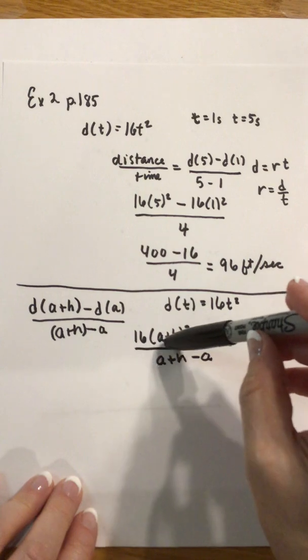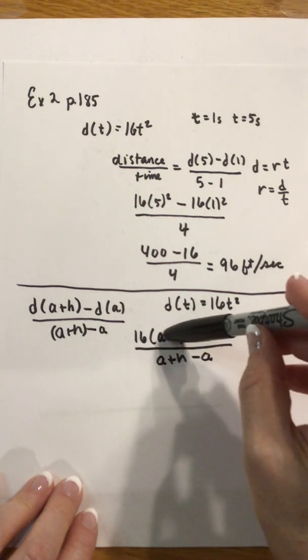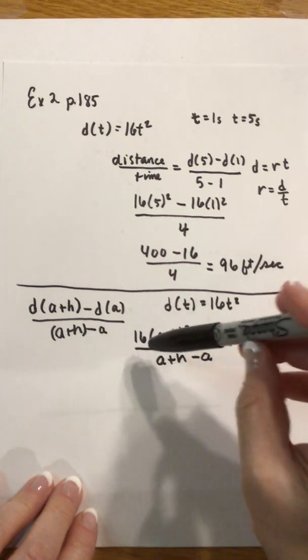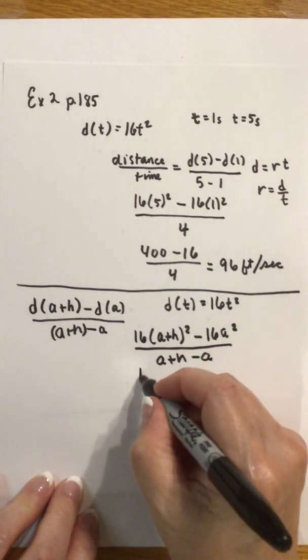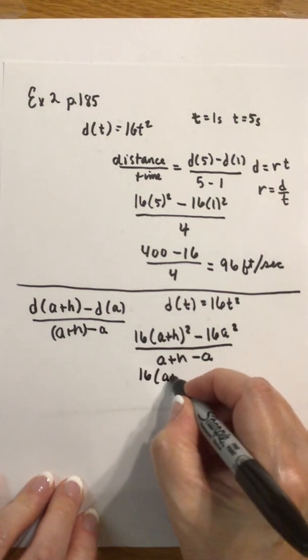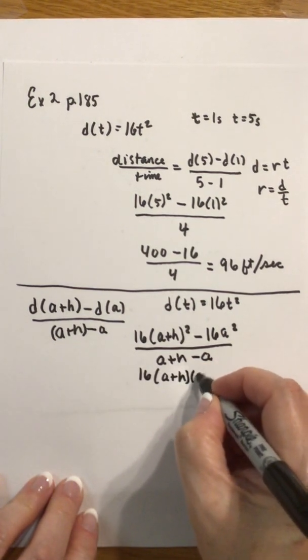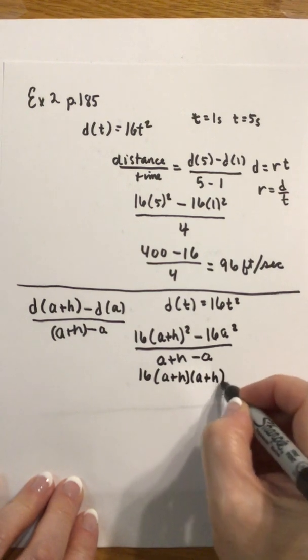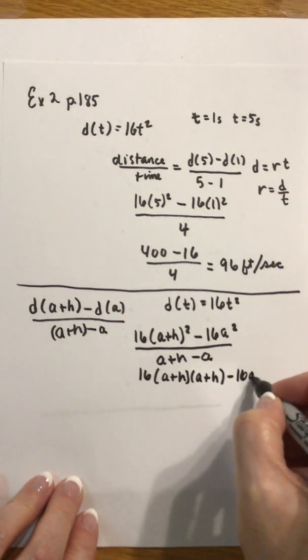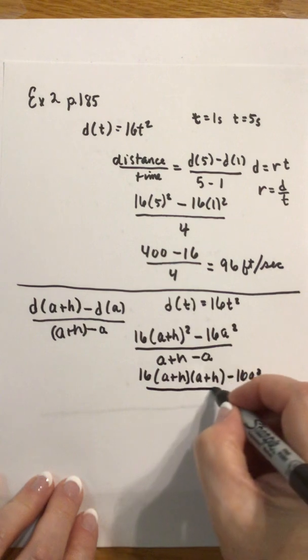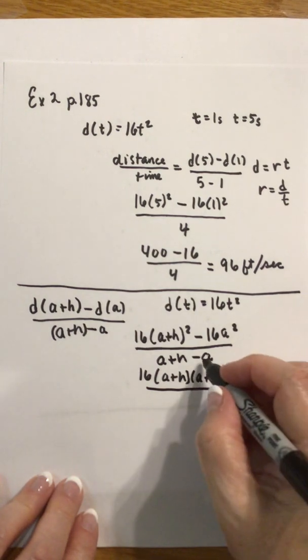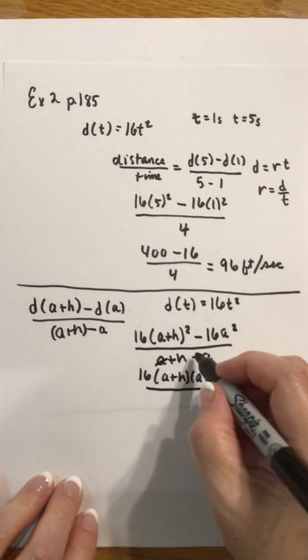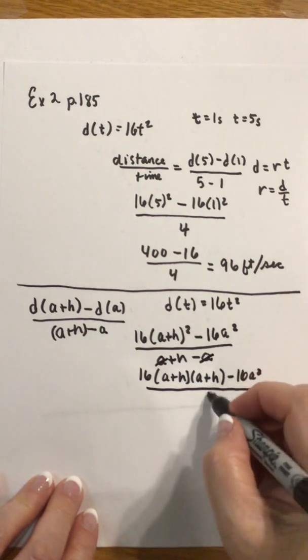We're not going to multiply the 16 in and then square. So I'm going to get 16 times a plus h squared minus 16a squared. Now in the denominator, you can see that the a's are opposites of each other, so they automatically cancel out. And we have h.